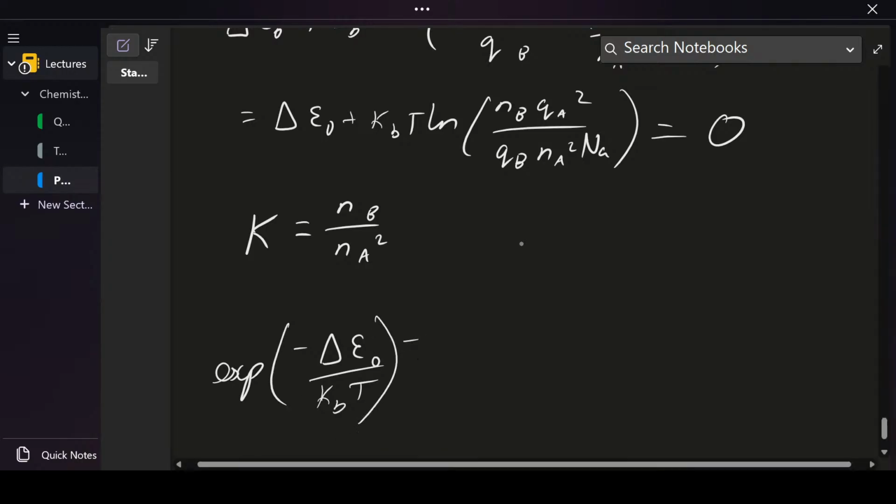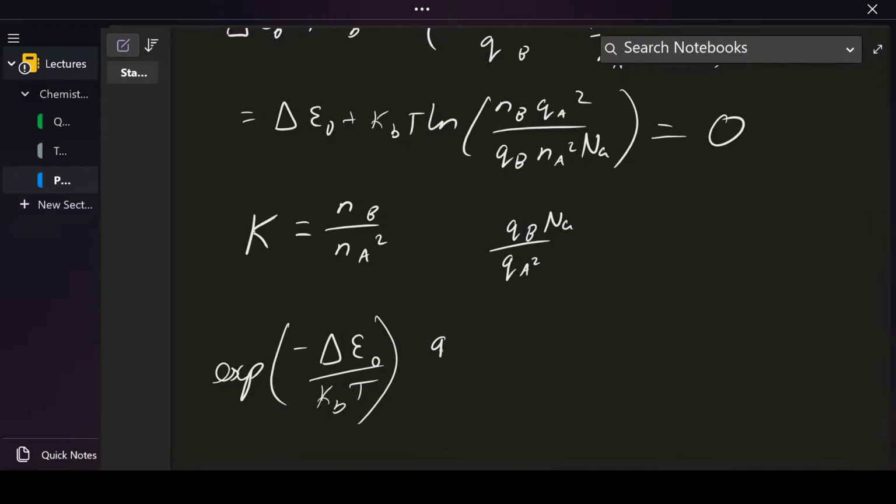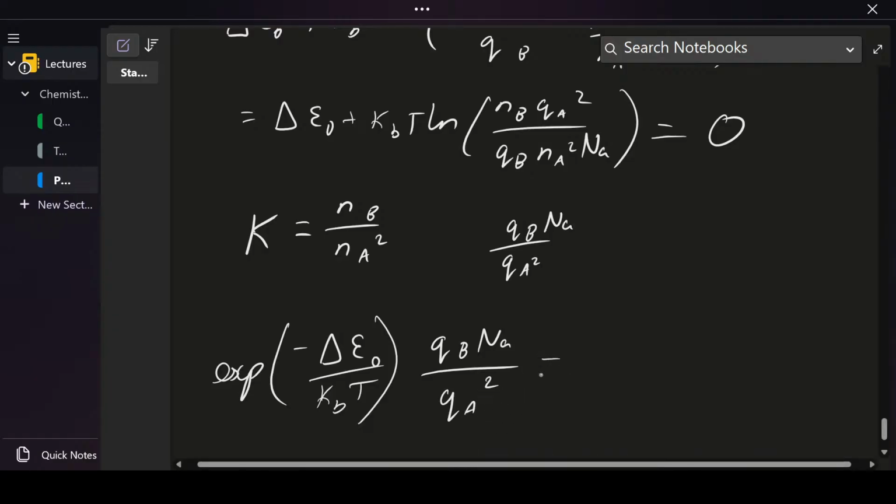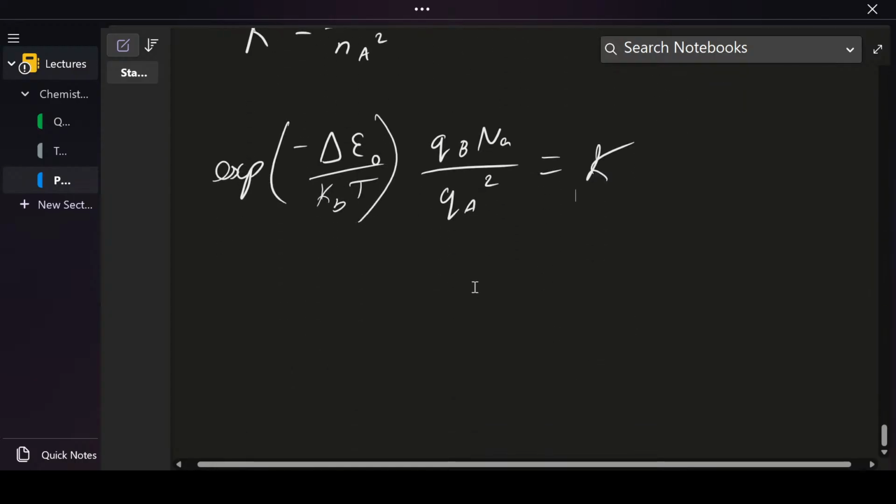And then if I cross multiply out by qB over qA squared and NA up here, I'm going to end up getting K on this side. So yeah, I have this formula for this equilibrium constant.